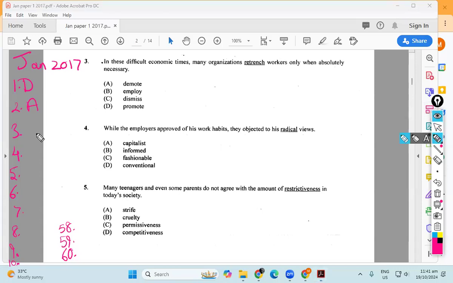All right, number 4, while the employers approve of his work habits, his radical views. The objective is radical views.